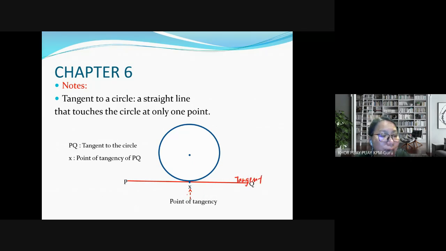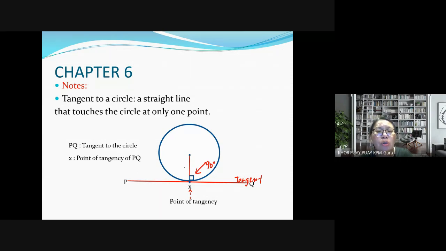When you have a line that touches the circumference, we will have a radius. The radius and a tangent always form a T. So when you have a T, the angle formed by the radius and the tangent is always an L shape. That L shape tells you this is a right angle, or 90 degrees.